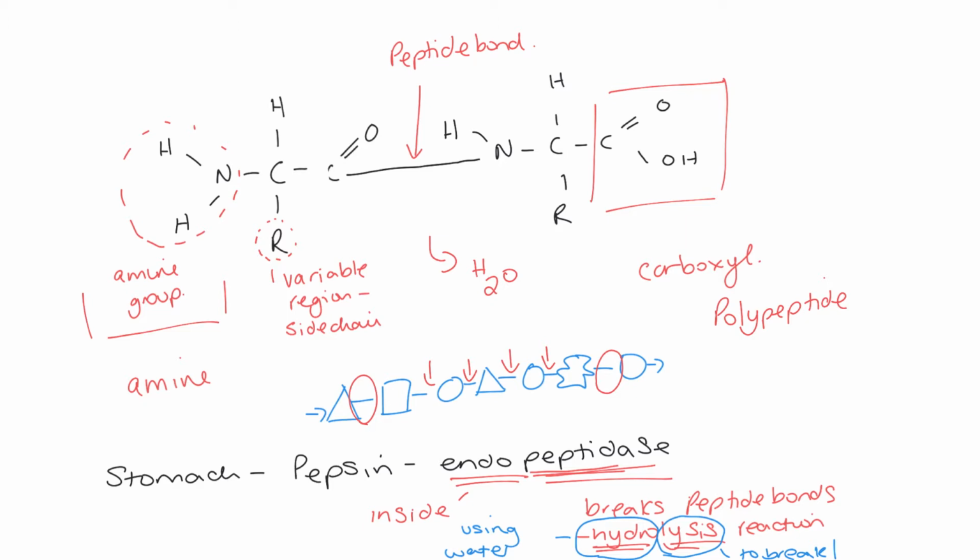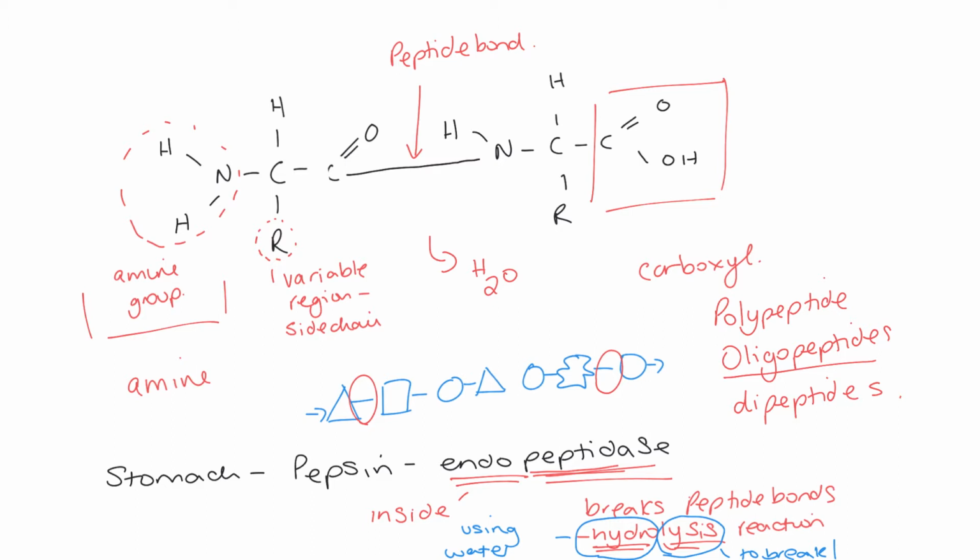Now the term for shorter peptide chains is oligopeptides, and you also know that if they're broken down into peptide chains that contain two amino acids, these are called dipeptides, and we'll be getting onto those later. So in the stomach, pepsin, which is an endopeptidase, breaks down large polypeptide chains into smaller polypeptide chains, or oligopeptides, by breaking internal peptide bonds in the chain.